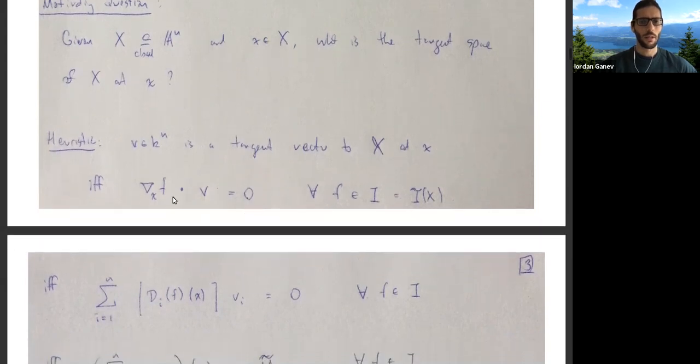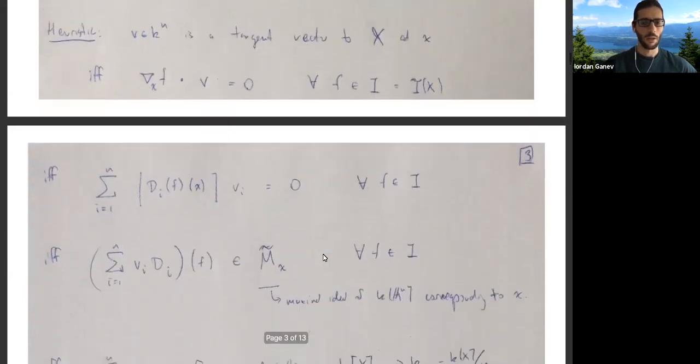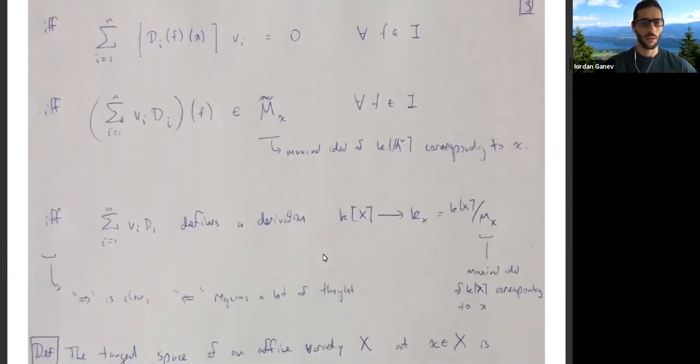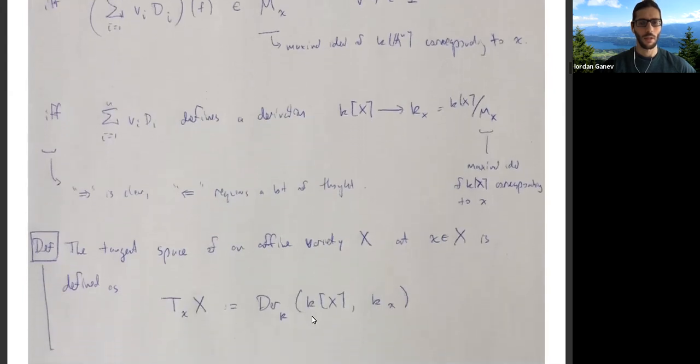But from this description of the tangent vectors being the ones orthogonal to the gradient at a given point, and orthogonal to all these gradients for all the polynomials in the ideal, we deduce that this definition of the tangent space is derivations from the affine algebra to k_x.